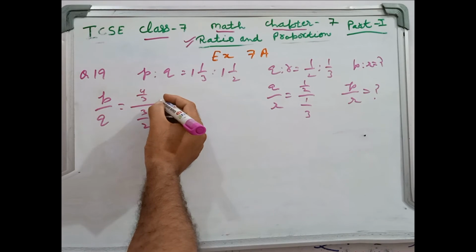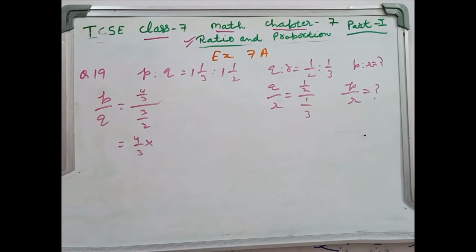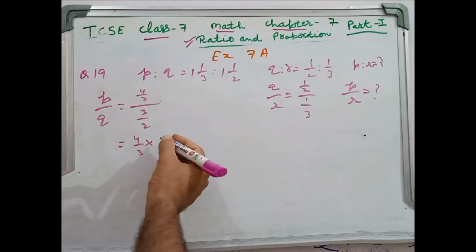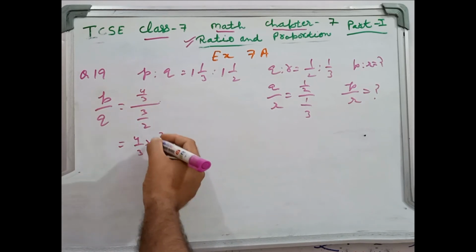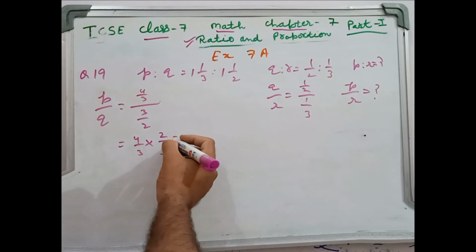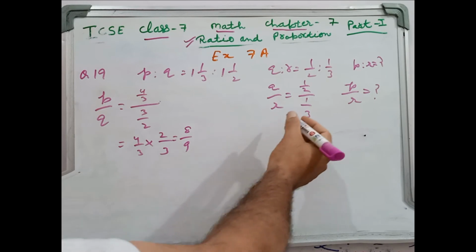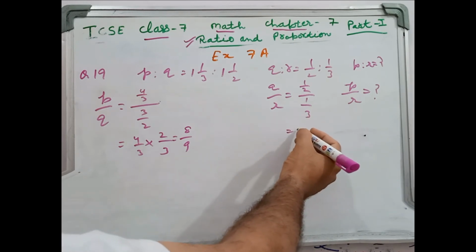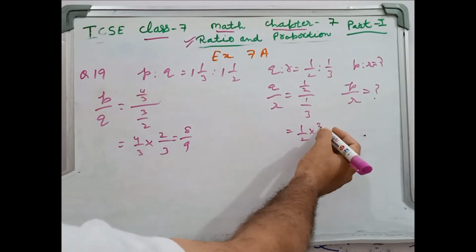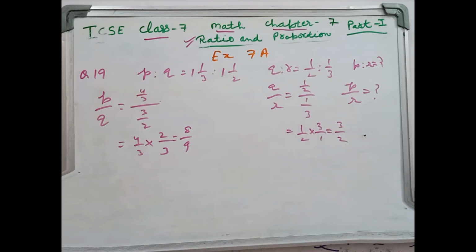So we will do it: equal to 4 by 3. When we solve this, we take the reciprocal, 2 upon 3. So this will become 4 twos are 8, 3 threes are 9, so 8 upon 9, and Q upon R will become 1 by 2 multiplied by 3 by 1, which is 3 by 2.